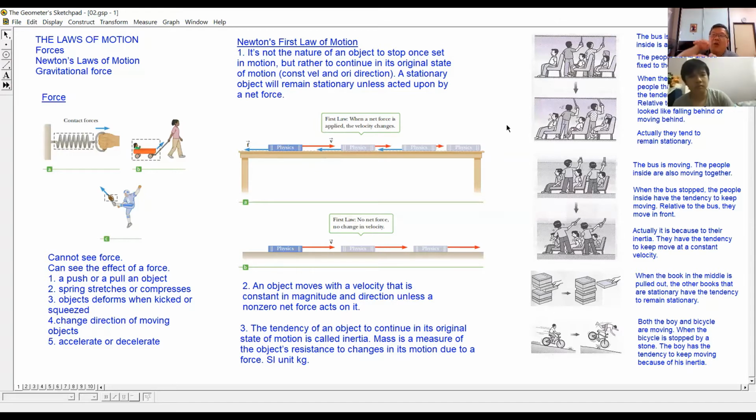One is both of them moving together, one suddenly stops, the other continues to move. There is another case, both of them stationary, one starts to move and the other continues to remain stationary. So it shows the difference, and this difference is due to inertia.